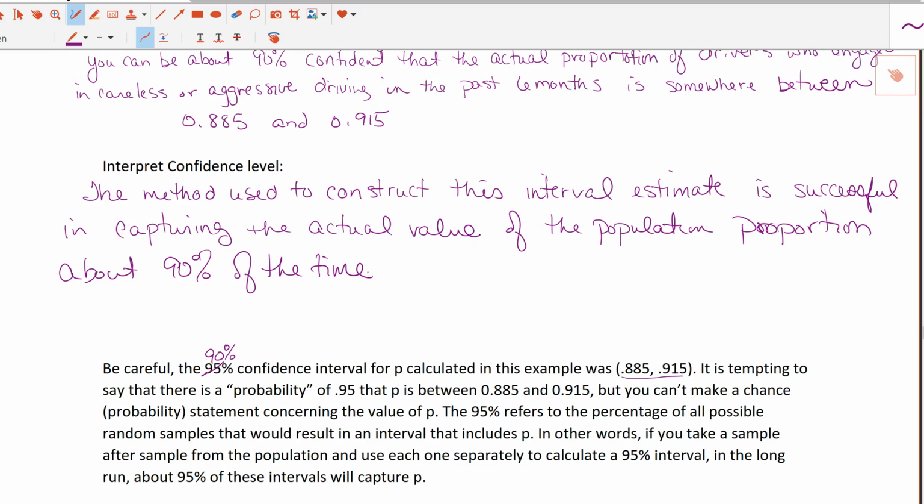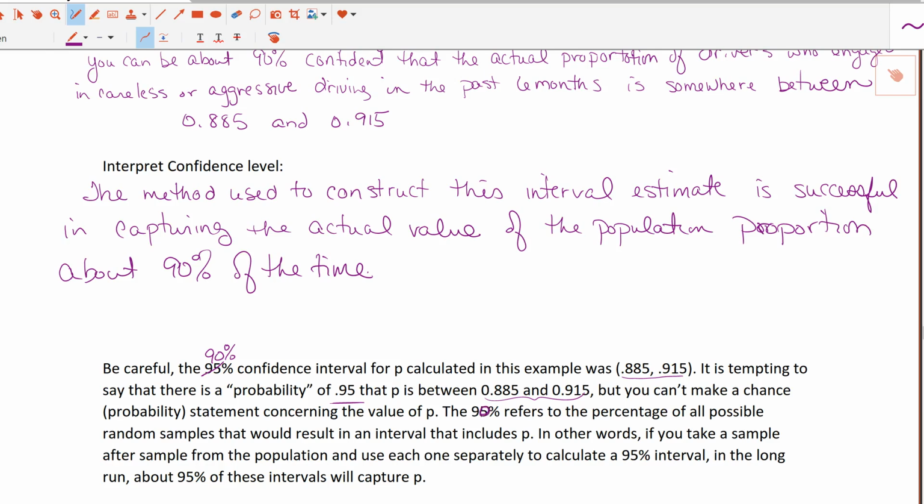And it is tempting to say that there's a probability of 90% that P is between these two numbers. But you don't make a chance statement or a statement about probability concerning the value of P. That's not what that confidence interval refers to.